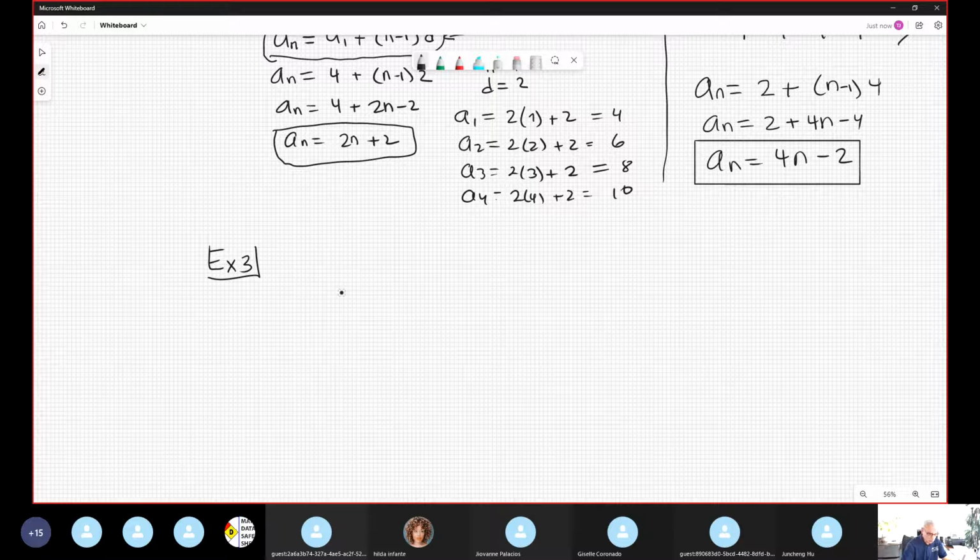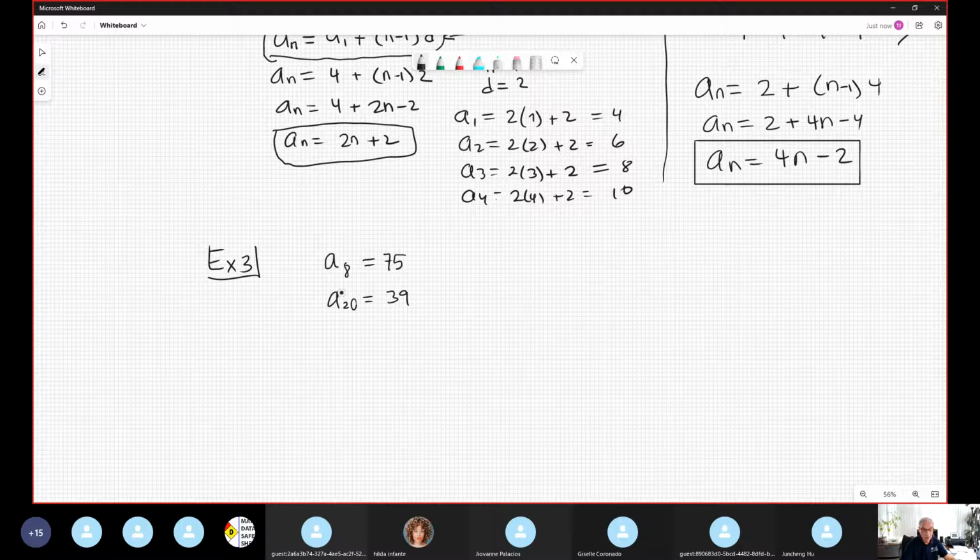Okay. Suppose in example 3 I want to find the complicated thing. I have one sequence in which the term a sub 8, in position 8, is 75, and in position 20 is 39. Wow, this is weird, no?